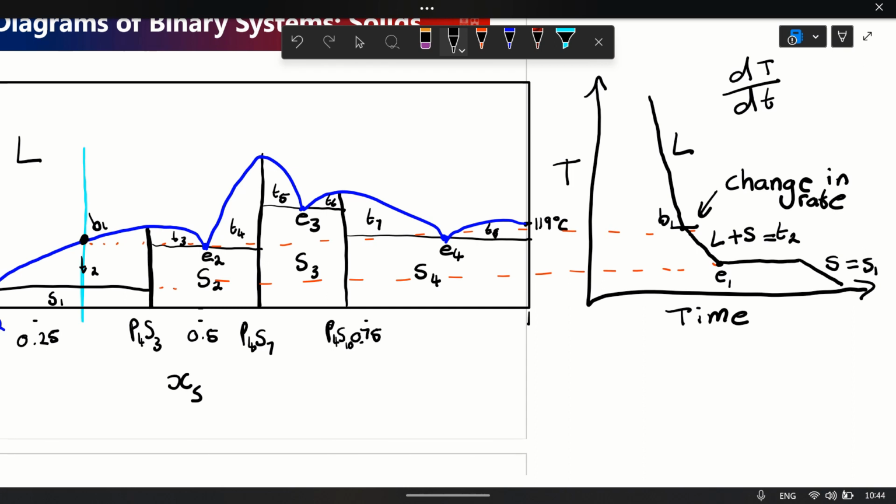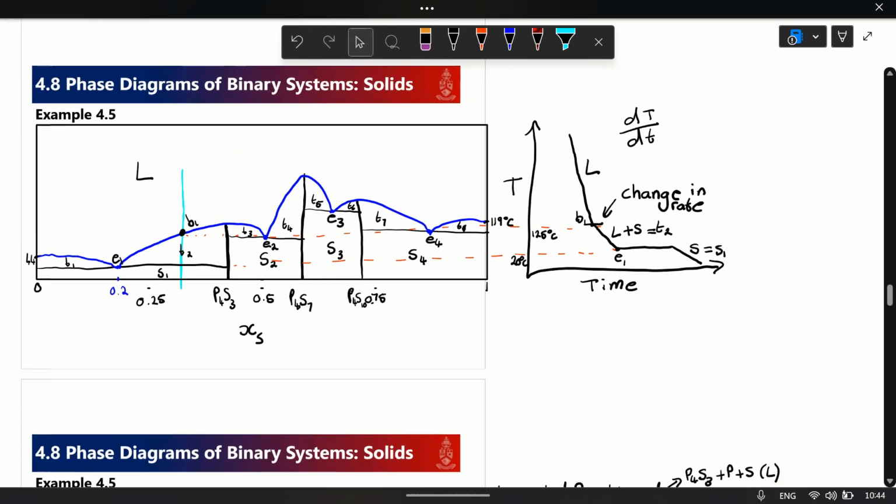Yeah, that is quite useful. Okay. And it occurs at around 20 degrees Celsius, if you want to be specific. And B1 is at approximately 125 degrees Celsius. I know it doesn't look like that because my diagram is not to scale, not at all, but it's the effort that counts. I'm sure you get the gist of it.